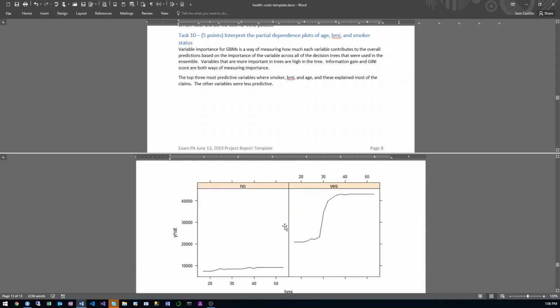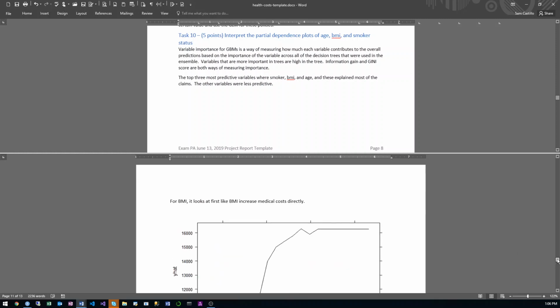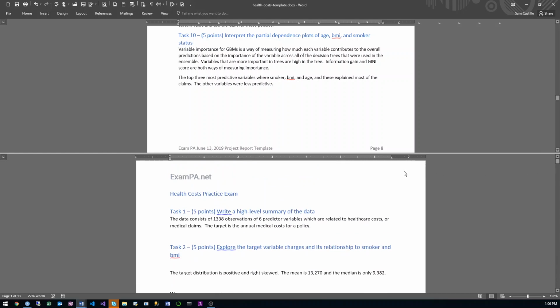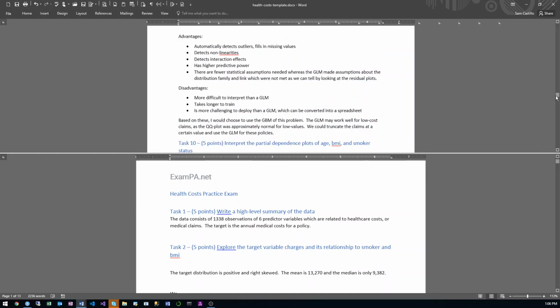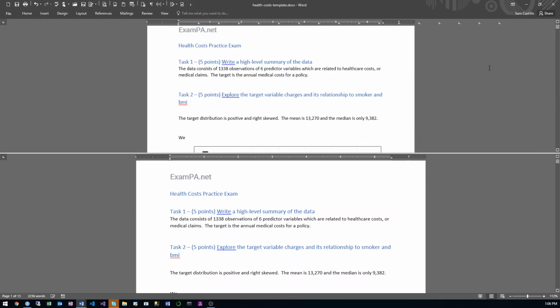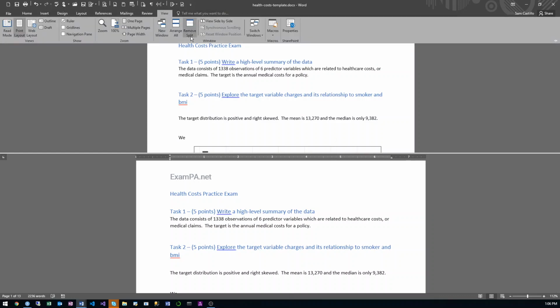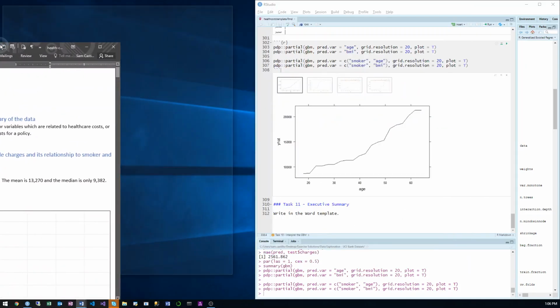Before I finalize this, I will go back and look over the project statement just to make sure that I haven't missed anything.